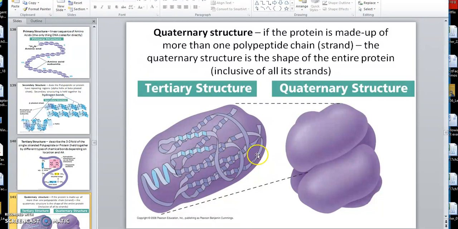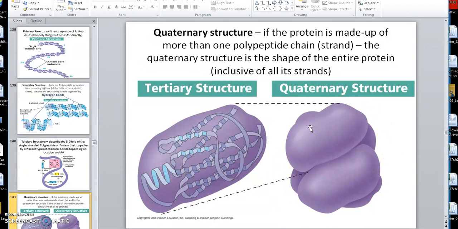So what is a quaternary? I would take several of these single polypeptides, bond them together, and then what is the structure of them all? Each would have a tertiary, but what is the overall structure of the whole entity? Because the whole entity now becomes the one protein.